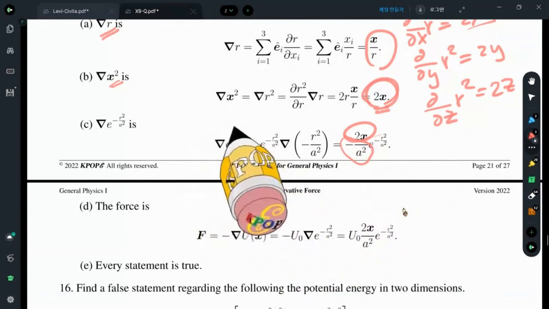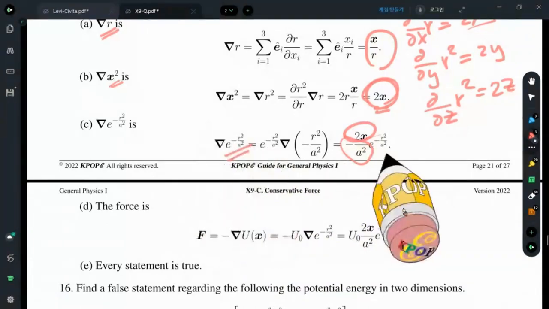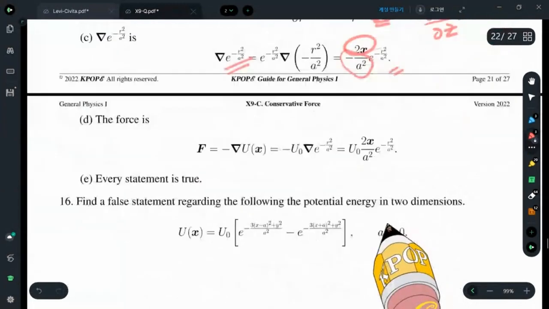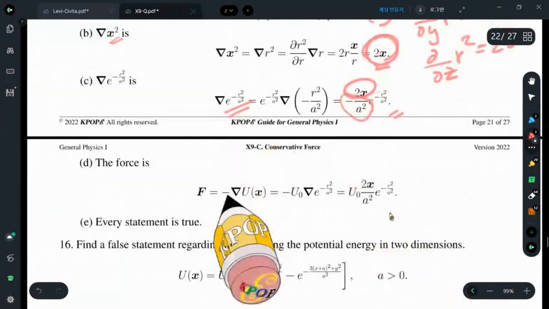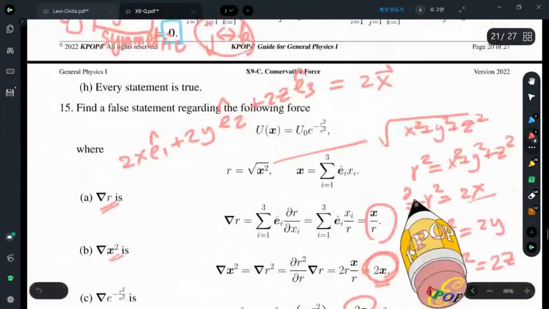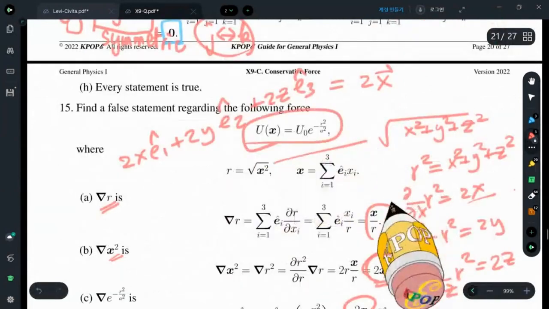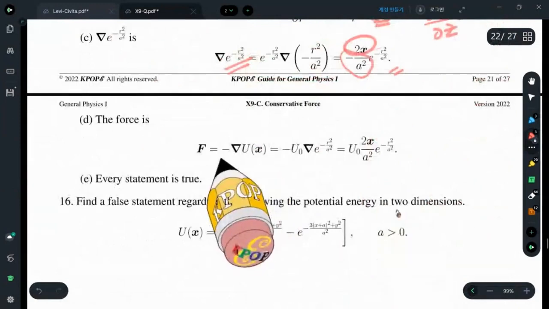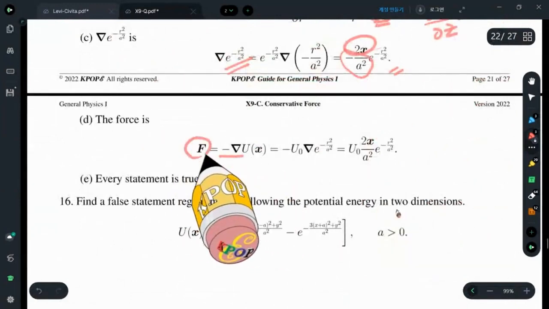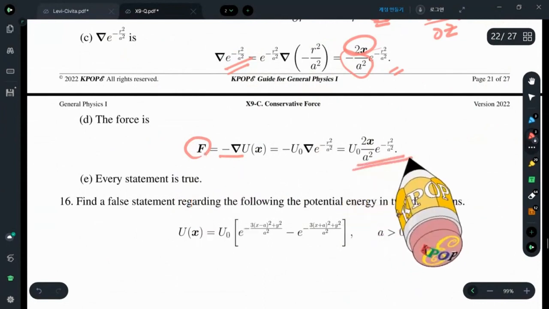So even this kind of complicated structure can be computed quite easily. So if I know this, then I can find the potential energy. This potential energy is this. Then by taking the minus gradient of the potential energy, I can compute this conservative force.